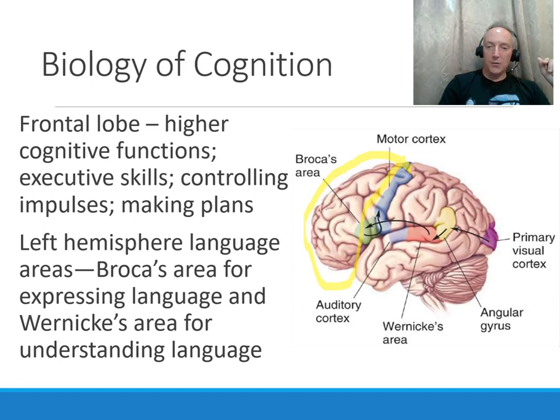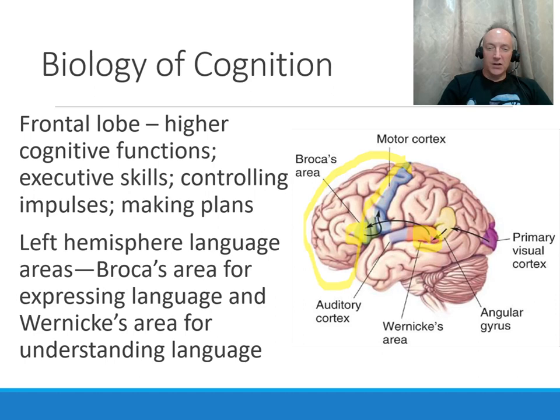Hopefully you remember there are two main language areas in the left hemisphere. So we have Broca's area in the frontal lobe of the left hemisphere for language production. We have Wernicke's area in the temporal lobe for language comprehension.